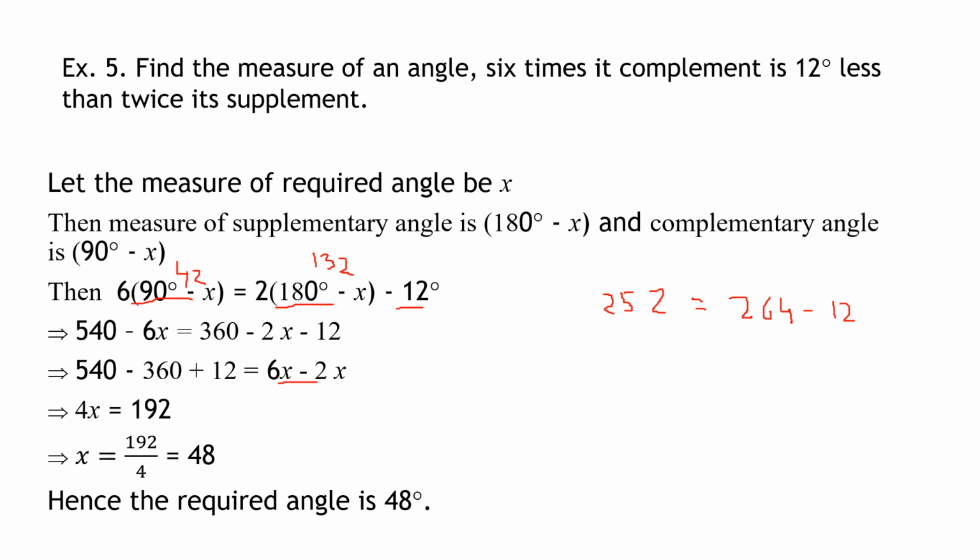Geometry has given specific names for specific angles. In future when you do a few sums, you will only be given the name of the angle. Based on the name of the angle, you should know the measure of the angle or the range in which the angle lies. Okay, so we are going to end for today.